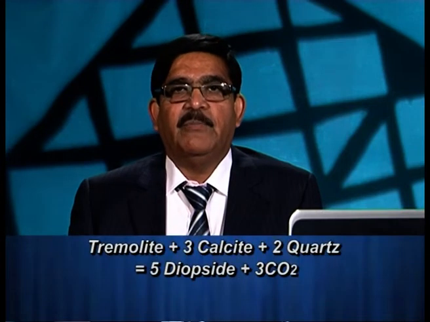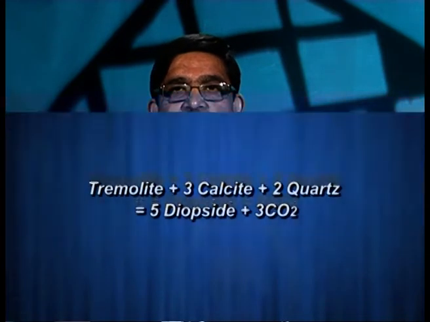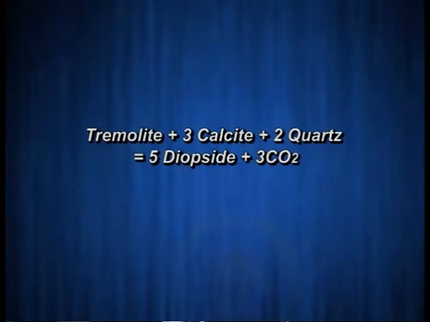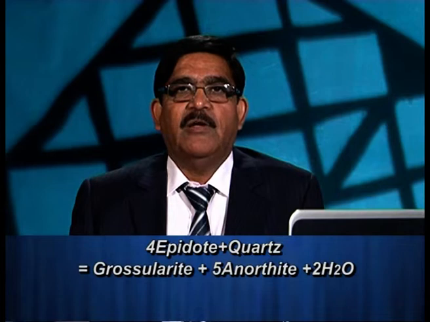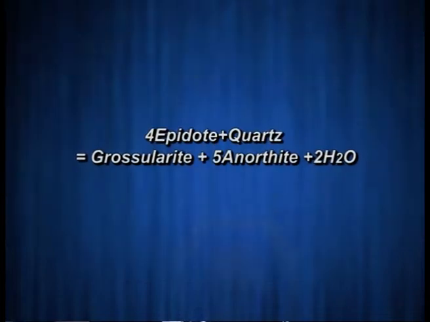Important reactions: in impure calcareous rocks, diopside and grossularite form by the following reactions. Reaction number 4: tremolite plus 3 calcite plus 2 quartz give rise to 5 diopside plus 3 CO2. Reaction 5: epidote plus quartz give rise to grossularite plus anorthite plus 2 water.